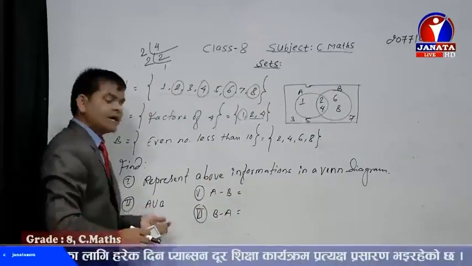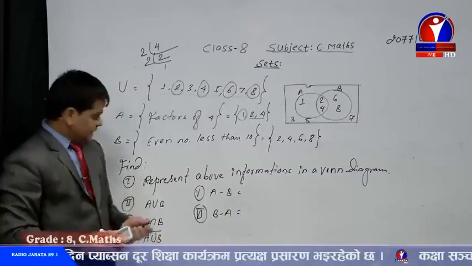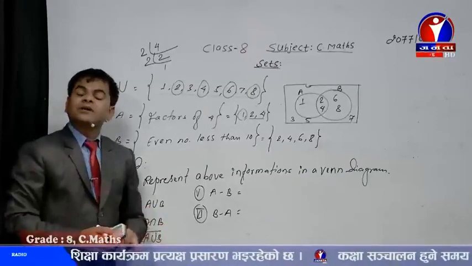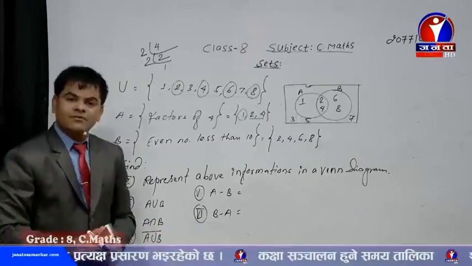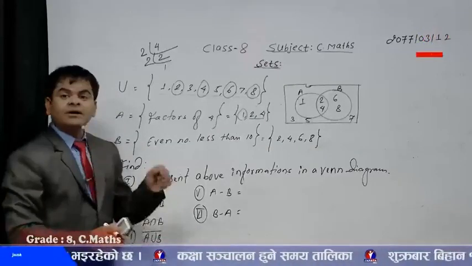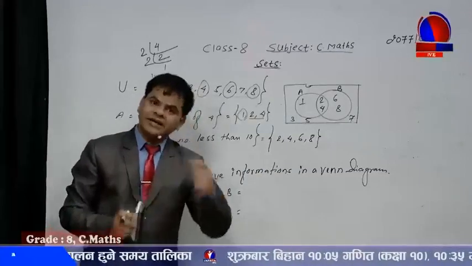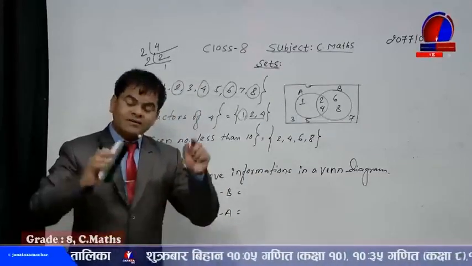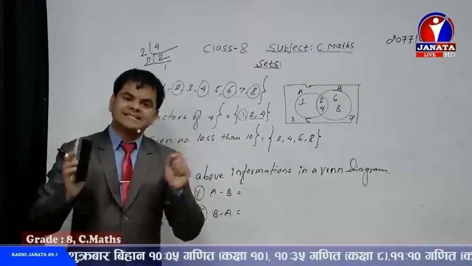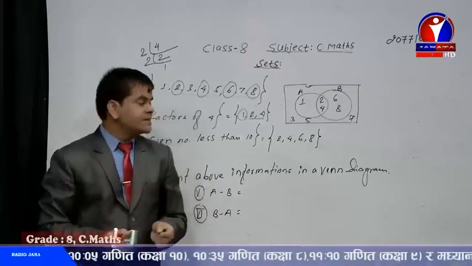Now how will you find A union B? The meaning of this in description form is the elements contained in either A or B. But while copying the elements of set A and set B, we need to copy them without repeating.